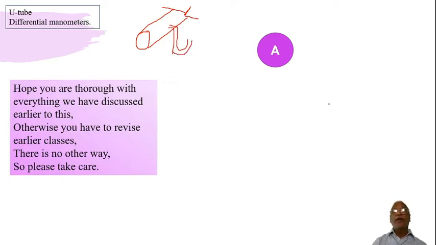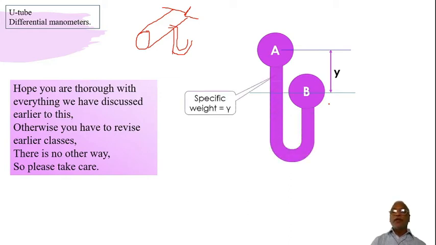Now there is a pipe A and there is one more pipe B. The difference in elevation, this vertical height difference between pipe A and pipe B, is represented by Y, and the two pipes are connected by a U-tube, right? If I try to show this, there will be one more pipe which will be going this way.